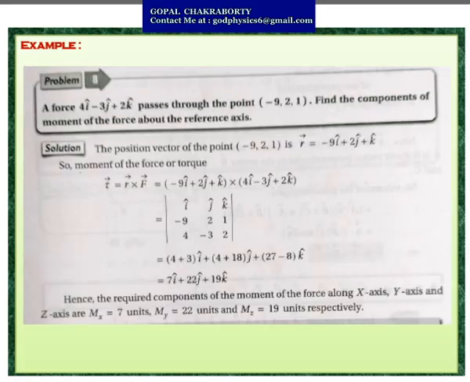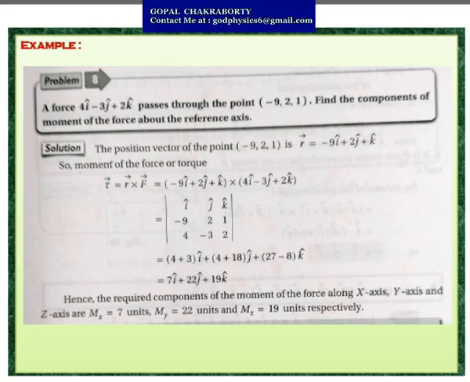Now the next problem: a force 4i cap minus 3j cap plus 2k cap passes through the point minus 9, 2, 1. Find the components of moment of the force about the reference axis. To solve this kind of problem, you are asked to find the component of moment of a force. That means you are asked to find the magnitude of torque along x, y and z axis.